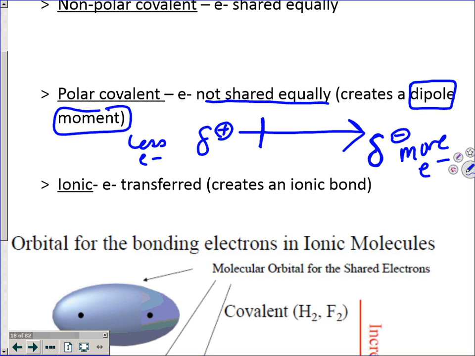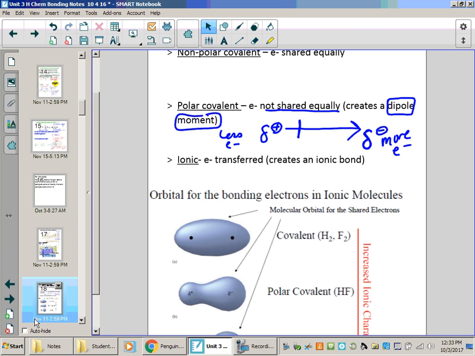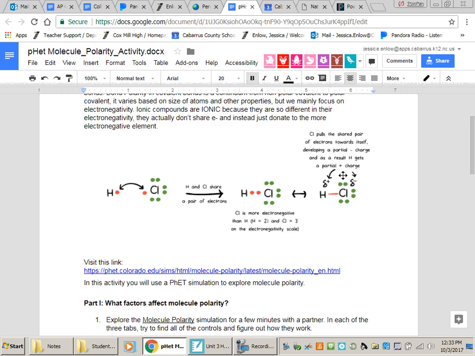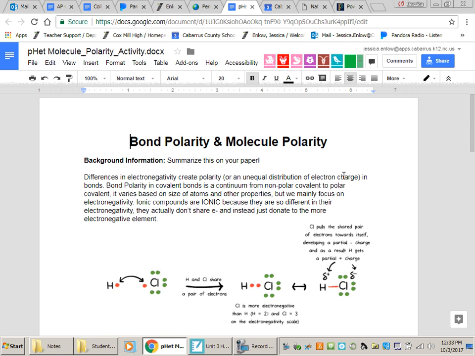All right, go to the second link. Second link that was under my website that you guys did not forget. Molecular polarity. Okay, so what you're looking at is this.